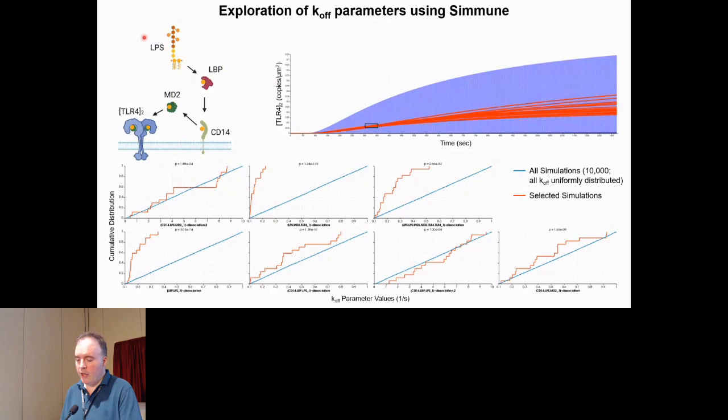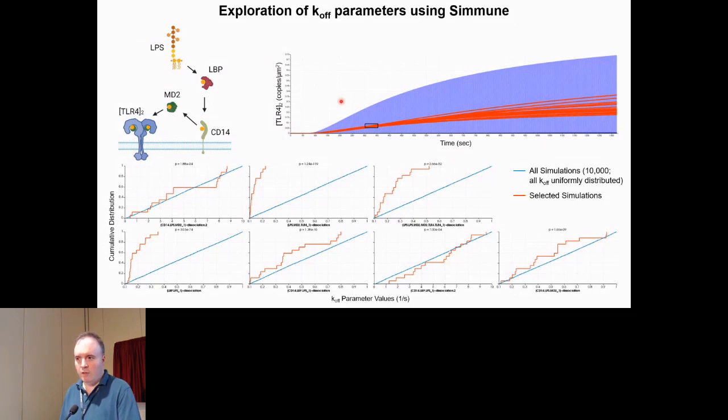And for what I'm going to show you, I just used uniform distributions. Okay, so I input into Simune that the LPS was 10 nanomolar, and that started the reaction. So this is the in silico time during each simulation. This is the concentration of dimeric TLR4. That's the end structure of this little pathway. Each blue curve is a simulation.